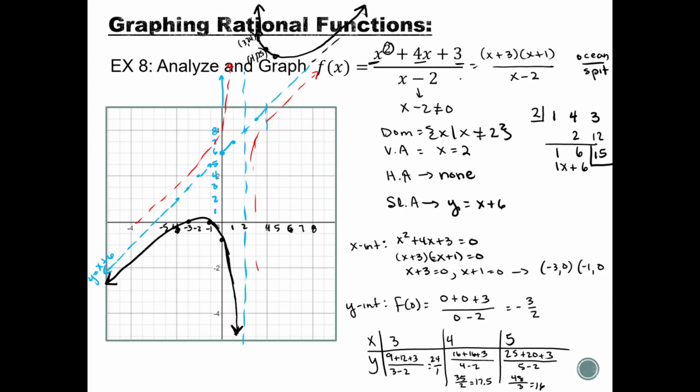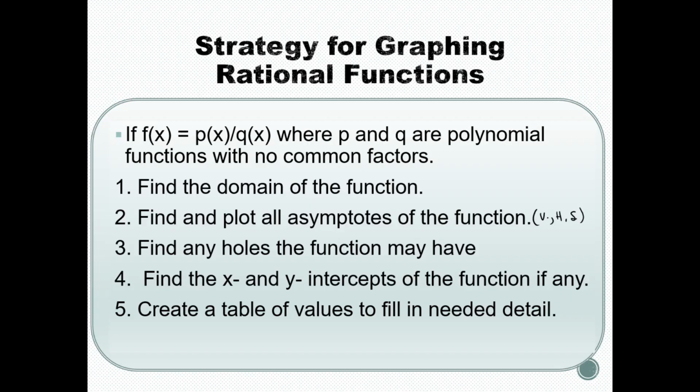Let's look at an application question. Actually, we're not going to do that one. I do want to point out holes, though. In order for one of these functions to have a hole, so in order to get a hole, you're going to have a function like x plus 2 over x squared minus 4.